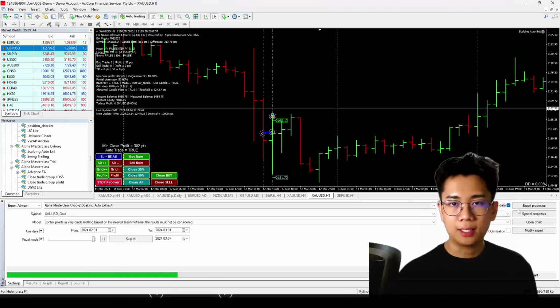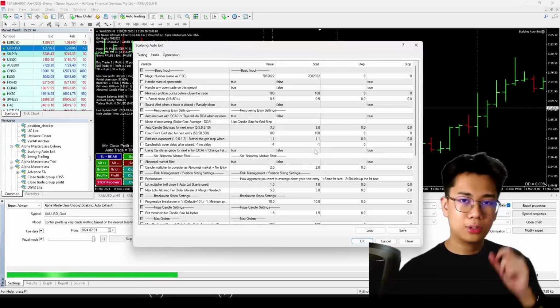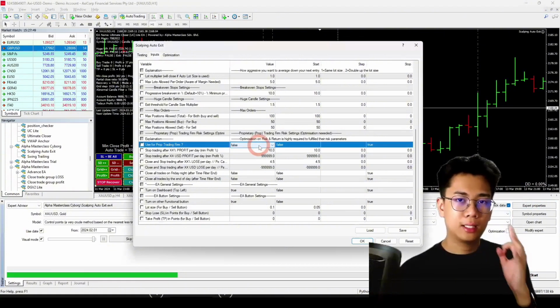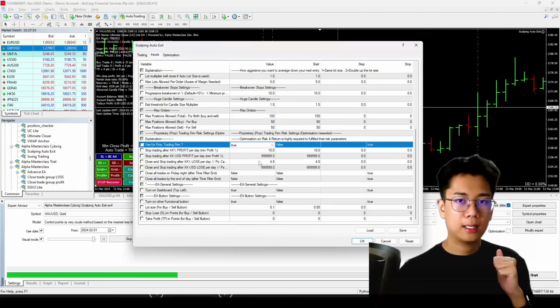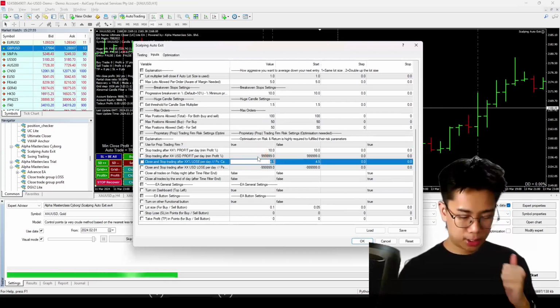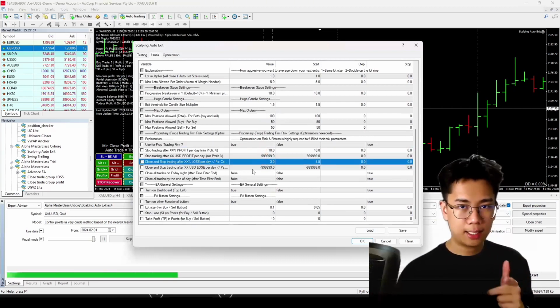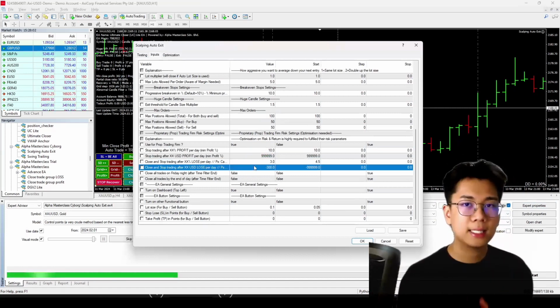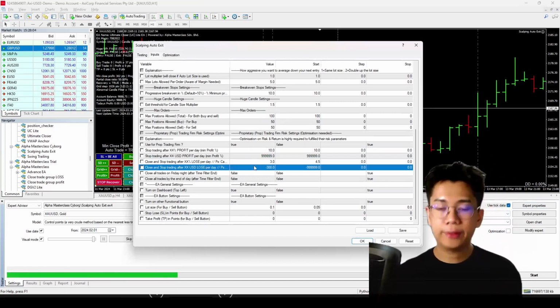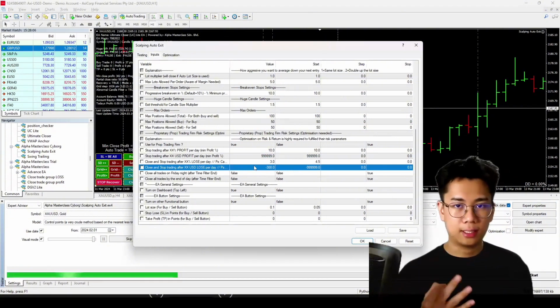But the most important three things to change: turn the profit rules to become true. Then you can turn this to become 3%, and then this to become negative 300. This sets your daily drawdown to be 3% only.